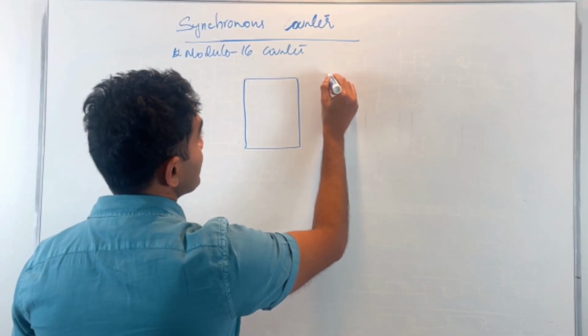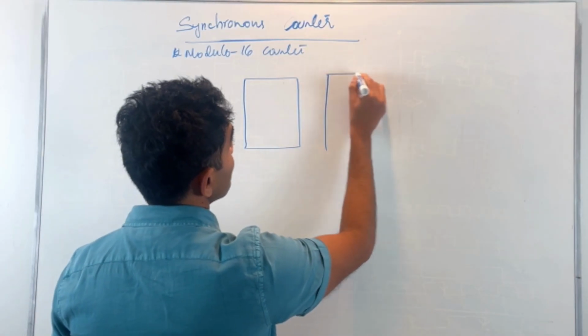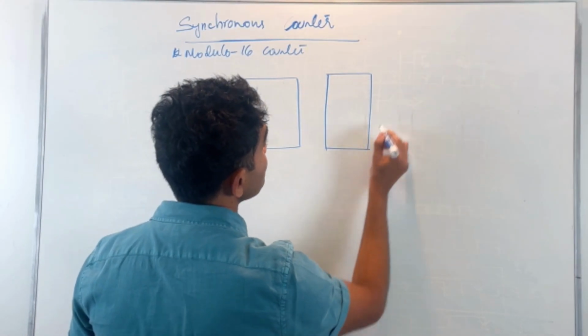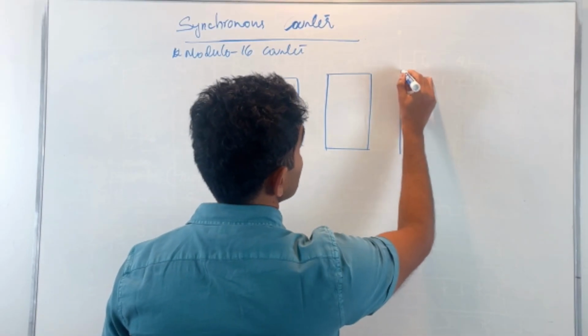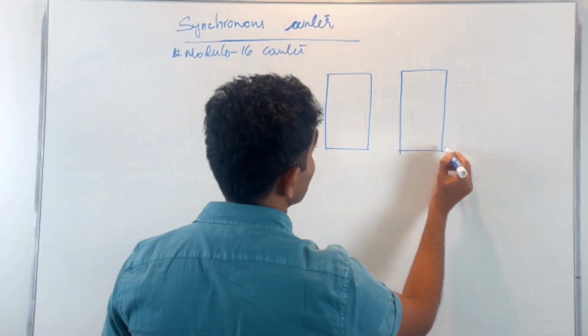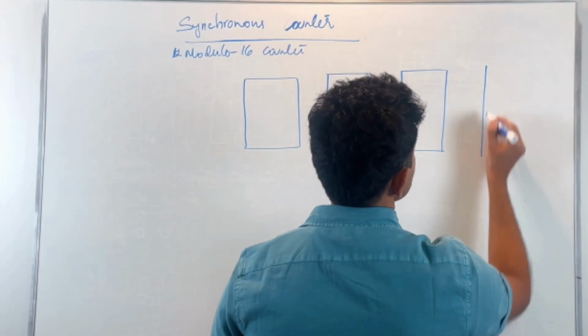the first constraint is that my clock has to be applied to each of these stages simultaneously. So the same master clock is applied to each of these stages.